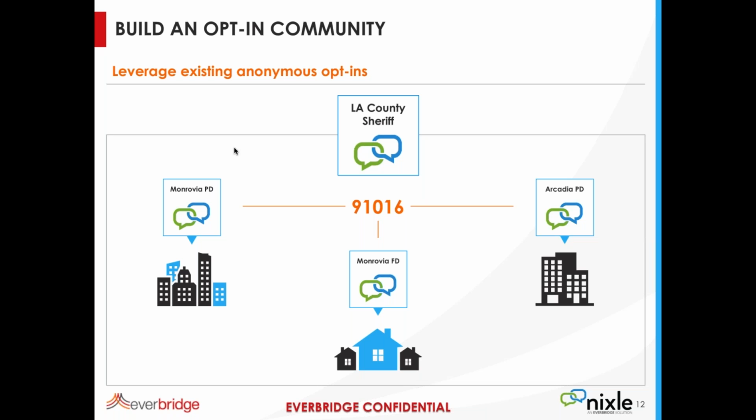I was getting great information from the LAPD, fire department, from the local fire department who was also assisting with that. So just a lot of great information coming from multiple agencies. And again, from a resident's perspective, dead simple to sign up, right? Just texting that zip code to 888-777.